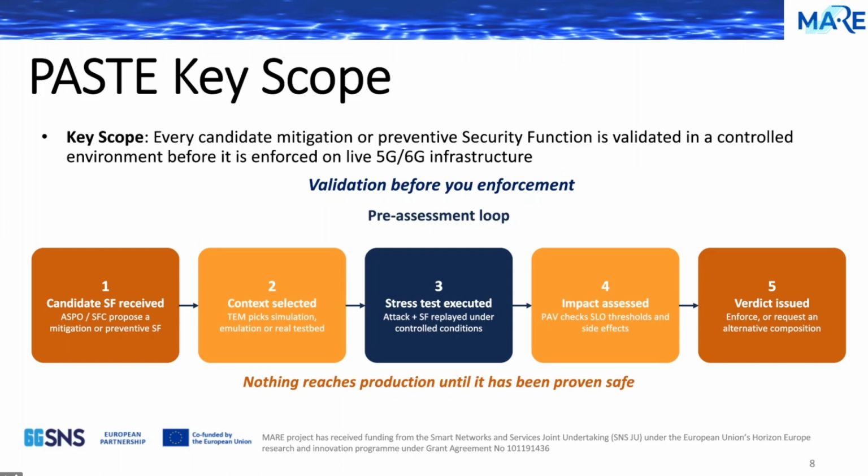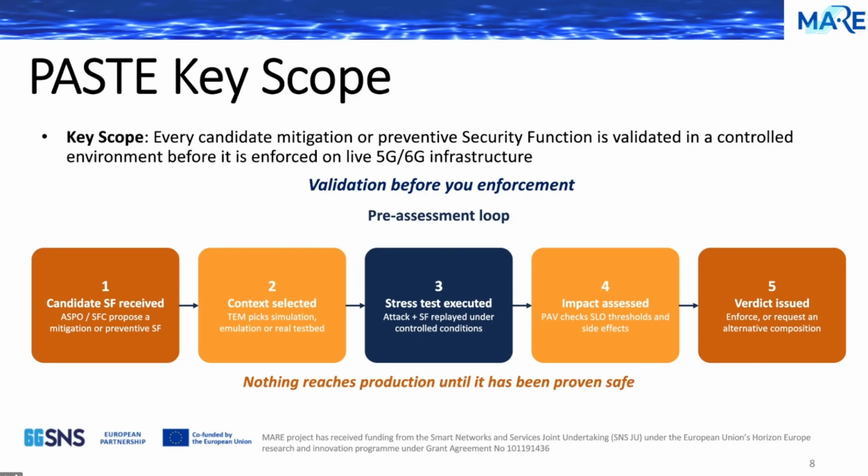So the pre-assessment loop that is performed is that we take the candidate security functions. The ASPO and security function composer propose the mitigation or preventive security function. We select the context, so the testing environment manager picks the simulation, the emulation, or the real testbed. The test is executed once the scenario and the network architecture are built, so the attack and the security function are played under controlled conditions.